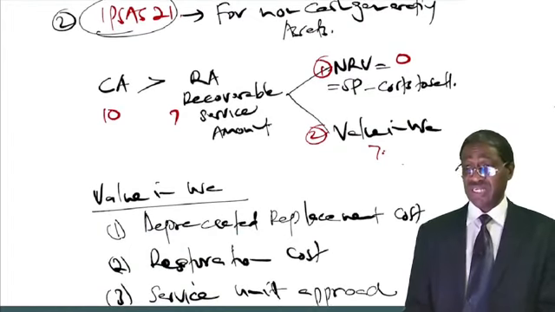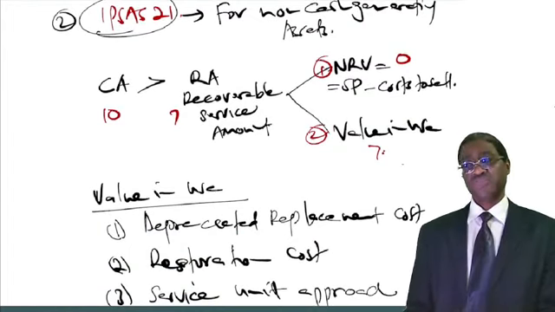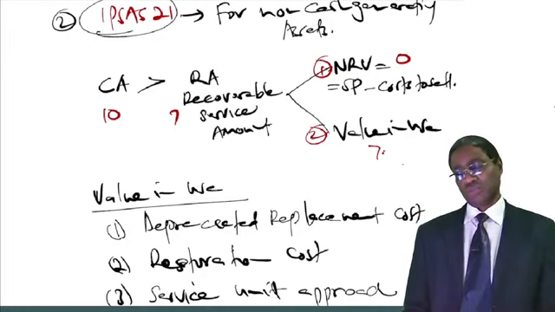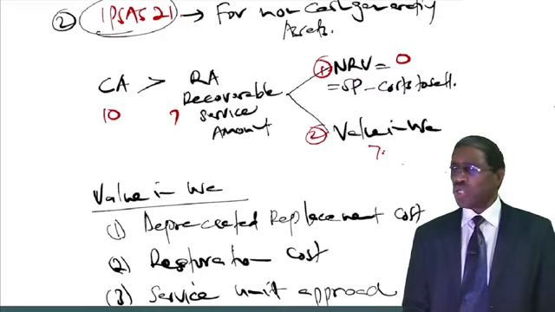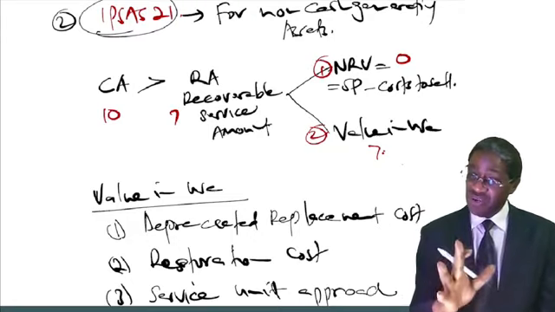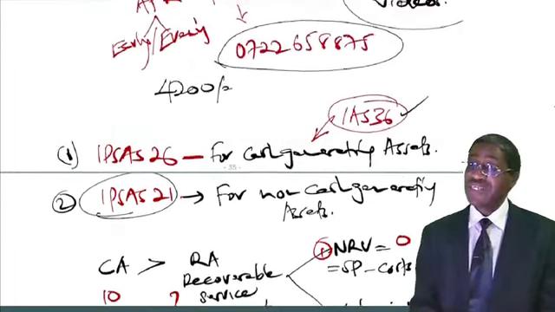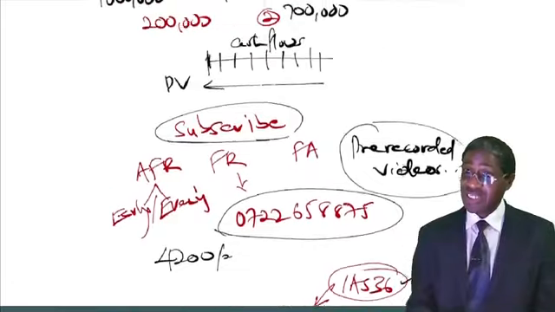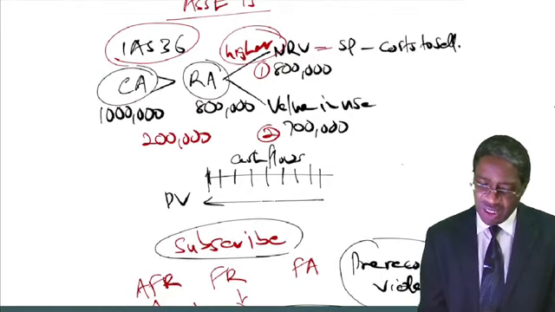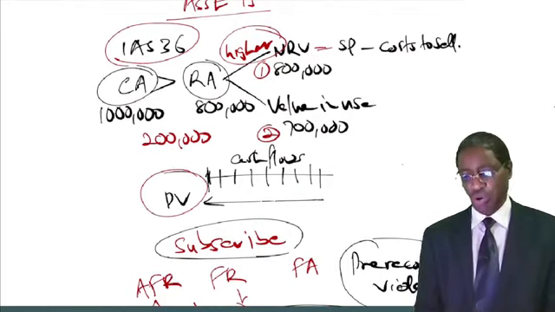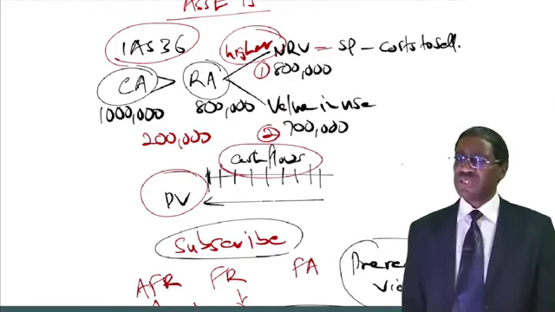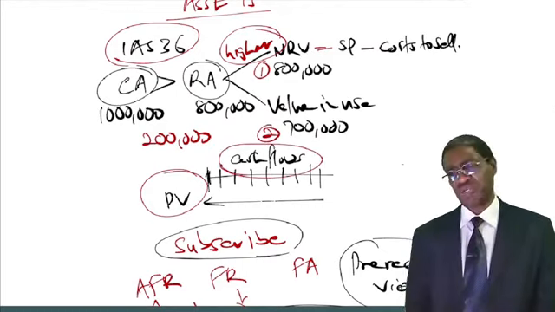Before I put down the next sentence, listen to this now. When we were dealing with IAS 36, I said that to get the value in use, you get the present value of the future cash flows. But now, under IPSAS 21, we don't have cash flows.